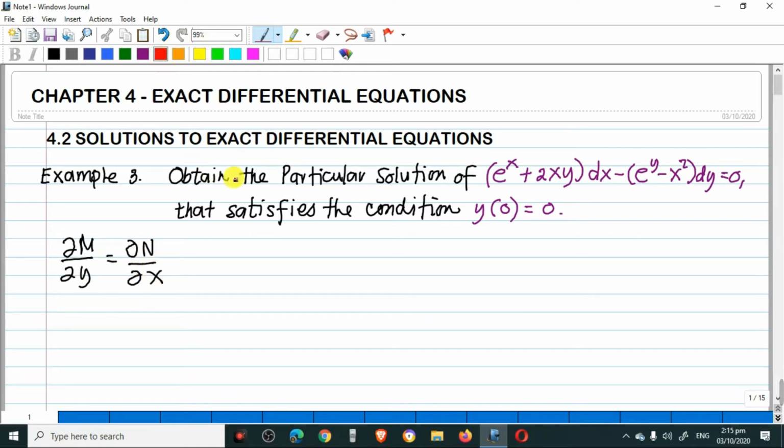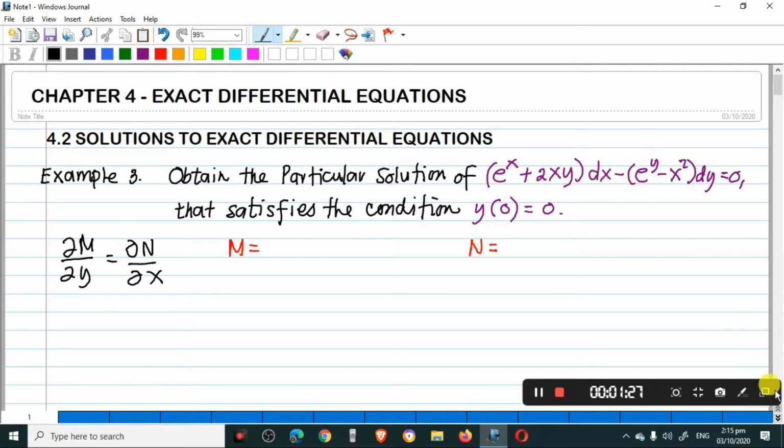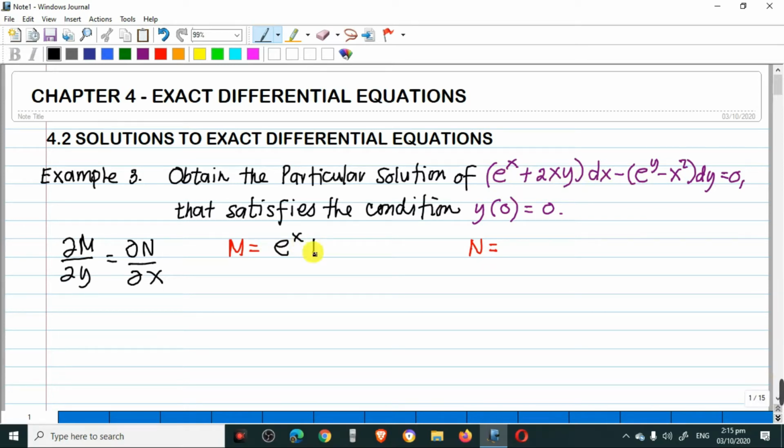First, let us define what is M and what is N in our differential equation. So our M, that is the terms associated with your dx, which is this e^x + 2xy. So I will write it down, e^x + 2xy.